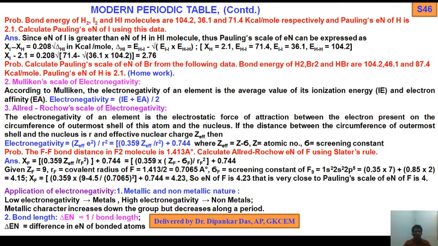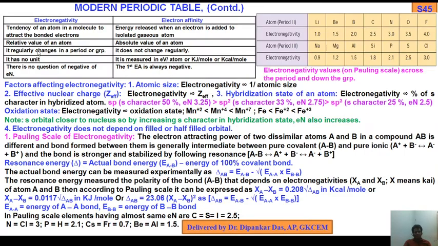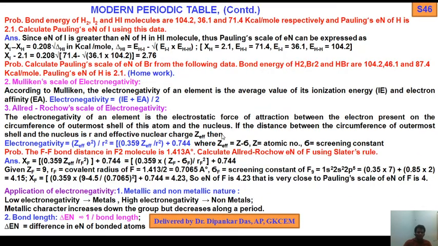That means electronegativity equals IE plus EA divided by 2, because according to the Mulliken scale it is half of the sum of ionization energy and electron affinity.